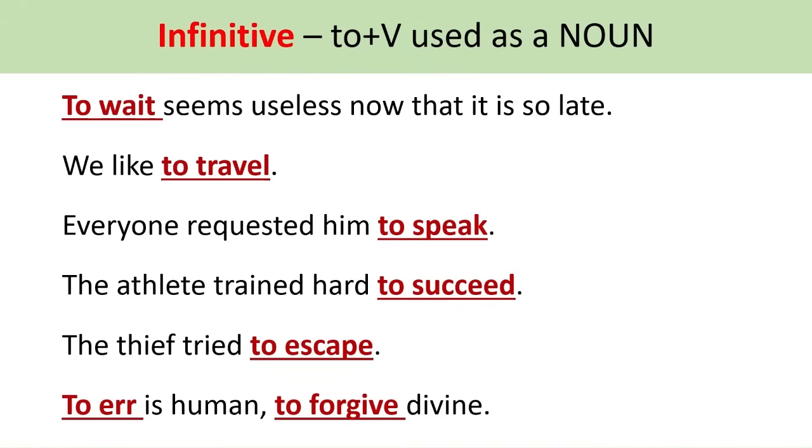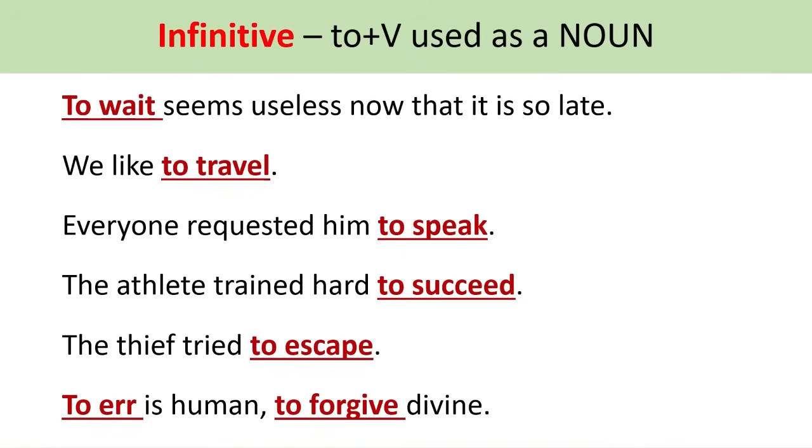It can be used both as a noun and as an adjective. So we shall see, that is type number 3 and 4. Gerund, only noun. Participle, only adjective, but present and past participle. Infinitive, both noun and adjective.